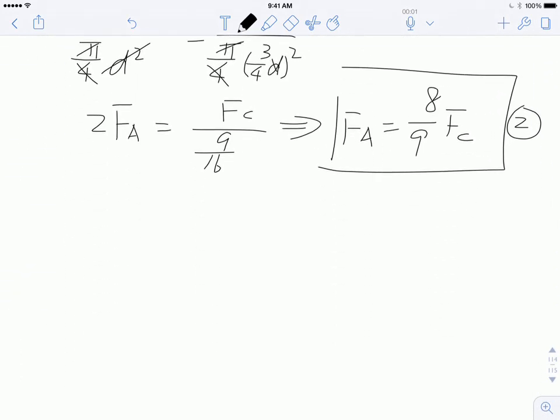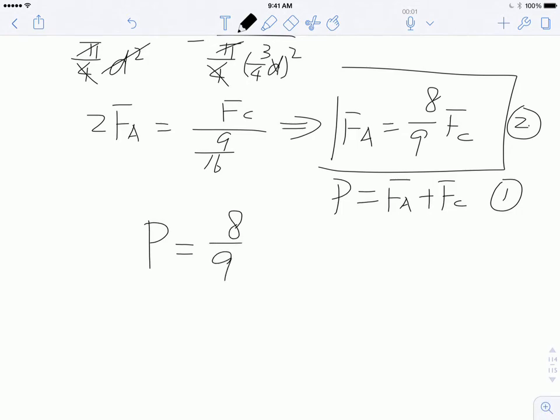Let me write equation 1 right here since it has been a long time. Two equations, two unknowns, we can solve it. So plug 2 into 1. P equals 8 over 9 FC plus FC. P is a constant, by the way. It's a force being applied, not a variable at all.